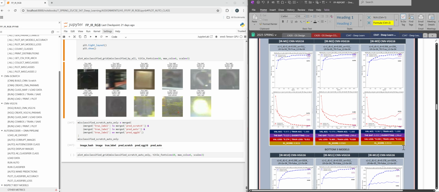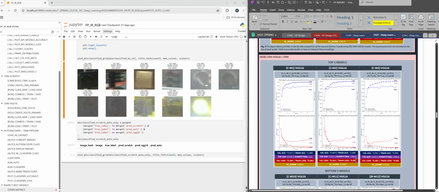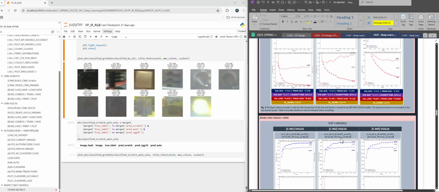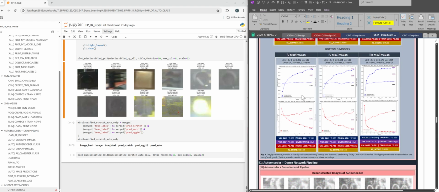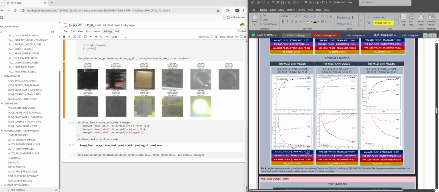And then the RGB VGG16 was identical in the top score, at 0.971 accuracy, but the validation loss was much lower.